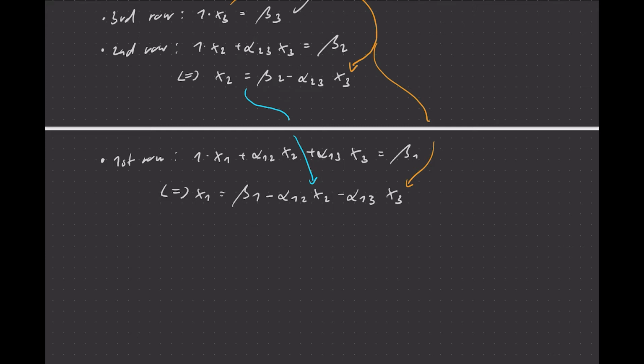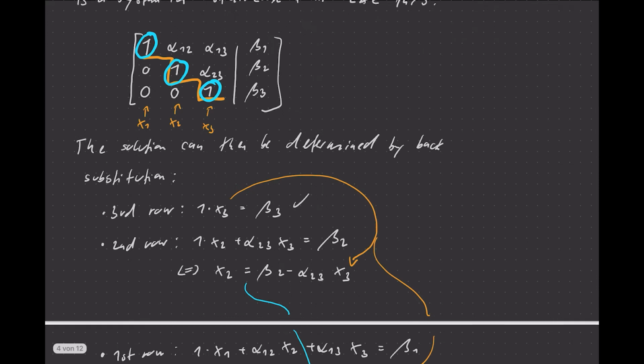So using this staircase form, we can work our way backwards. And the important thing about this is that each equation only contains variables up to this element here on the staircase, right? No other variables than x3 in here. Here we have x2 and variables to the right, so x3 is also contained, but no x1.